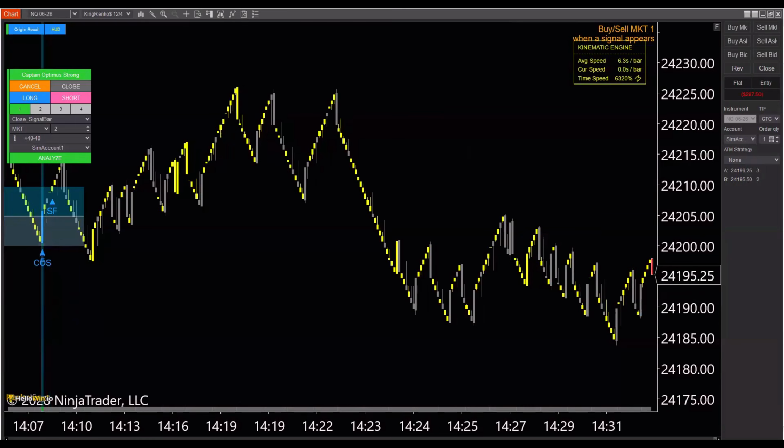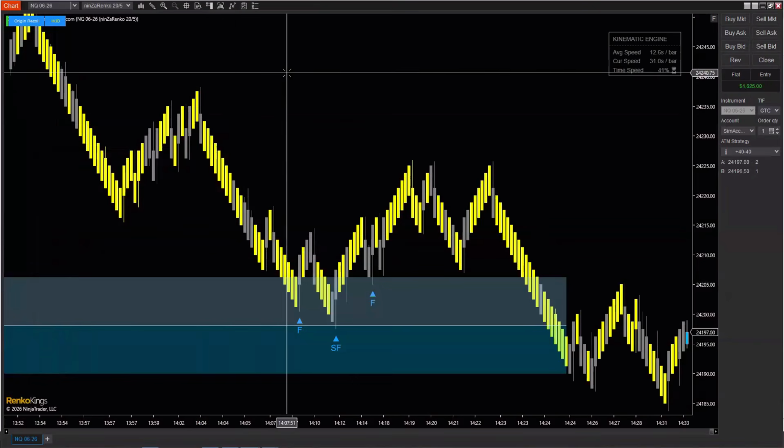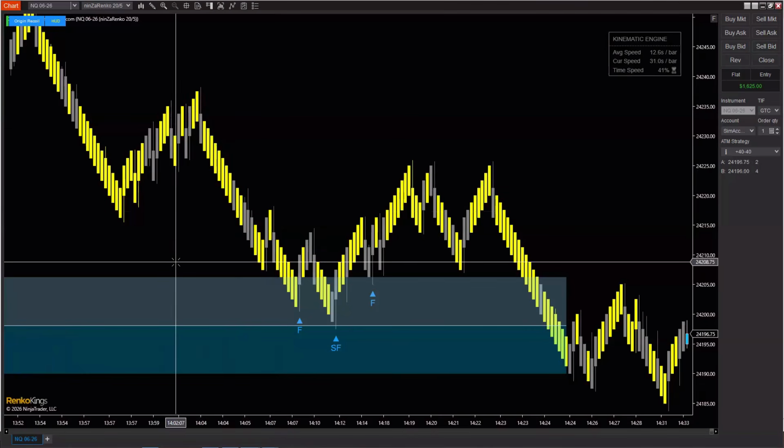Okay, now things look really slow. Maybe let's take a look at the ninZaRenko chart. Where's my ninZaRenko chart? Now here I don't have Captain Optimus. I did not import Captain Optimus onto this chart.